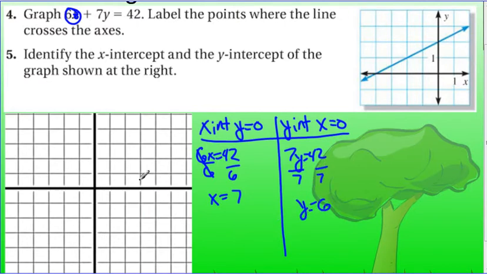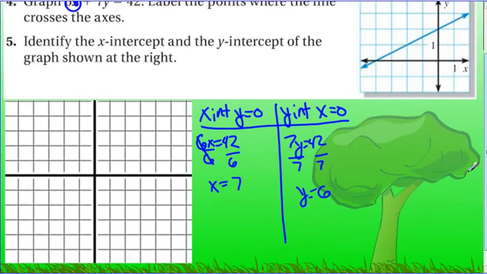So I have an x value of 7, 1, 2, 3, 4, 5, 6, 7. A y value of 6, 1, 2, 3, 4, 5, 6. And there we go.